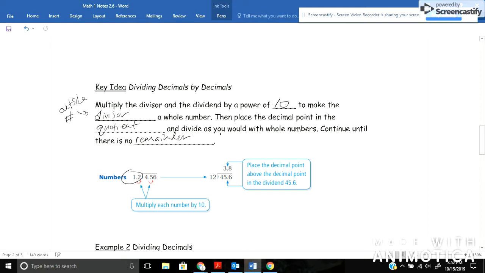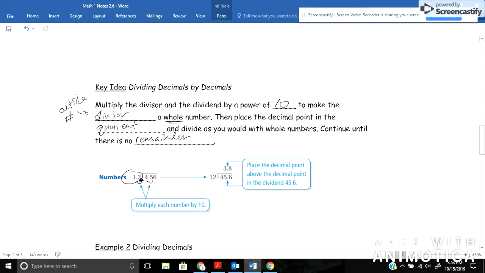All right, so as you'll see here, we had 4.56 divided by 1.2. So we have a decimal being divided by another decimal. The trick is to make this outside number a whole number. To do that, we just move our decimal one spot to the right, the same thing as multiplying by 10.